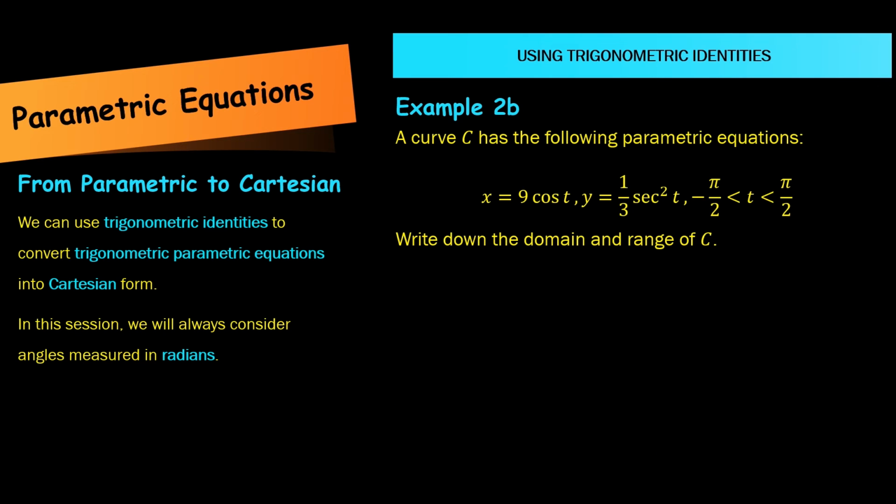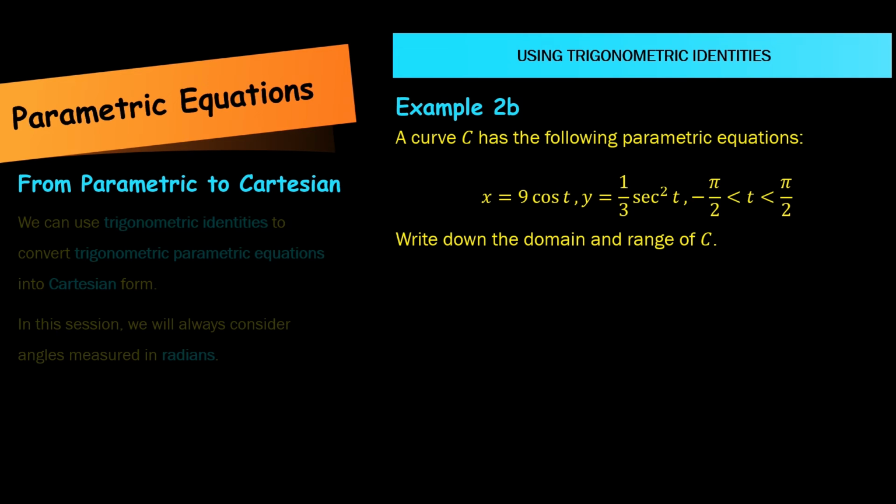Now let's take a look at part B. Using the same parametric equations as in part A, we are required to write down the range and domain of C. So let's solve this. Now from part A we have that y equals 27 over x squared.